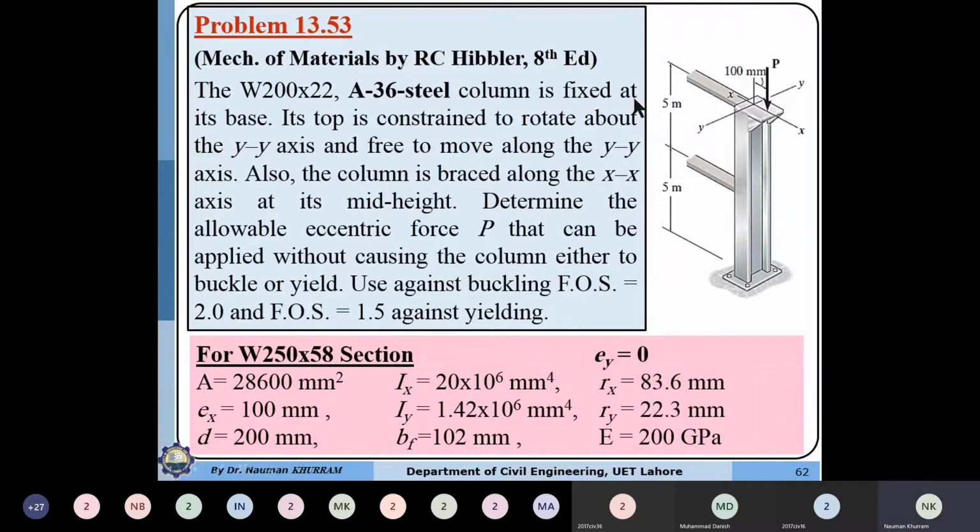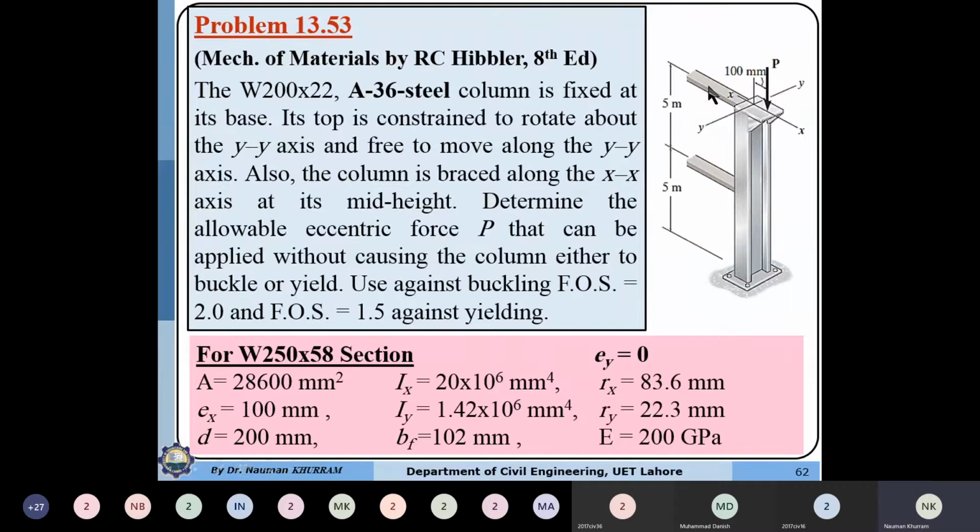Okay, the column is fixed at its base. So at the base, this is fixed, because all the four corners are fastened in the ground, so it cannot rotate about any axis. But its top is constrained to rotate about the y-axis, and free to move along y.